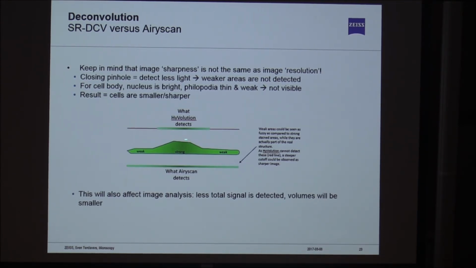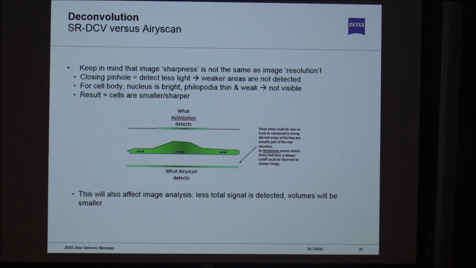So when you apply the deconvolution to this image, you might have a nice, very, very sharp image and you have super resolution. Keep in mind that you're not necessarily imaging everything in the sample either. And this is where Airyscan shines, because Airyscan detects nearly all the light coming from the sample. It opens up the pinhole to detect the light and then give you a super resolution image.